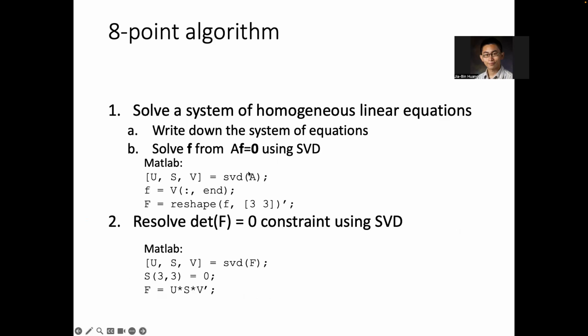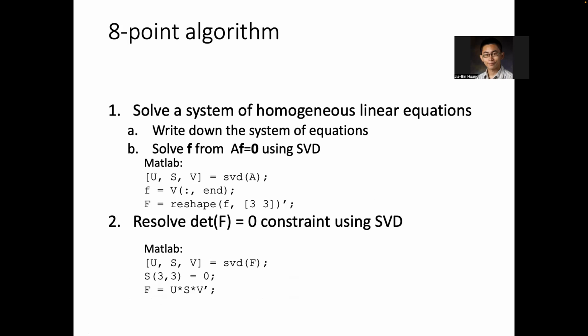You first set up the linear system equation and solve with SVD, and then run SVD again to enforce that the least singular value is set to 0, and then you multiply U, S, V to reconstruct F back. This will guarantee that your F is as close to the original fundamental matrix estimate you have, and at the same time it enforces that the least singular value is 0. Okay, we talked about that last time.